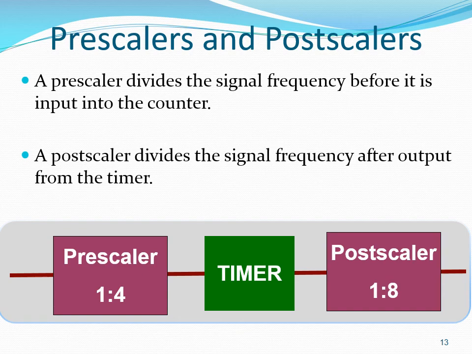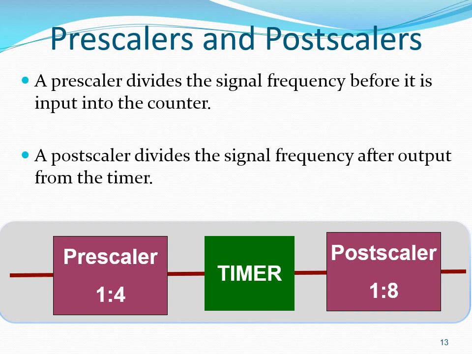A prescaler divides the signal frequency before inputting to the timer. As an illustration, if the prescale rate is 1 to 4, it means that the timer increments after 4 pulse inputs are received. A post-scaler divides the signal frequency after output from the timer.